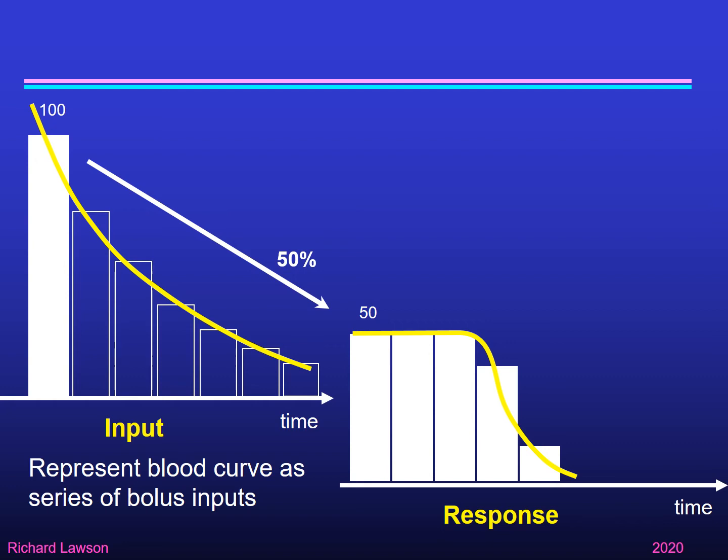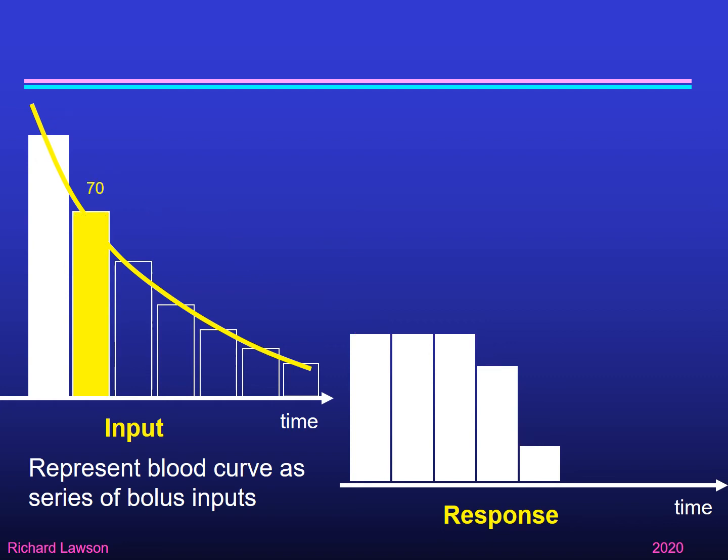And if we also assume that there's a transit of about 3 minutes during which the activity transits through the tubules and then it eliminates over the next 2 minutes, we get an impulse response like that, with the uptake, a 3-minute transit and then elimination. So that's the response of the kidney to the first minute of input. We can then consider the next part of the blood curve to be another bolus of 70 units 1 minute later.